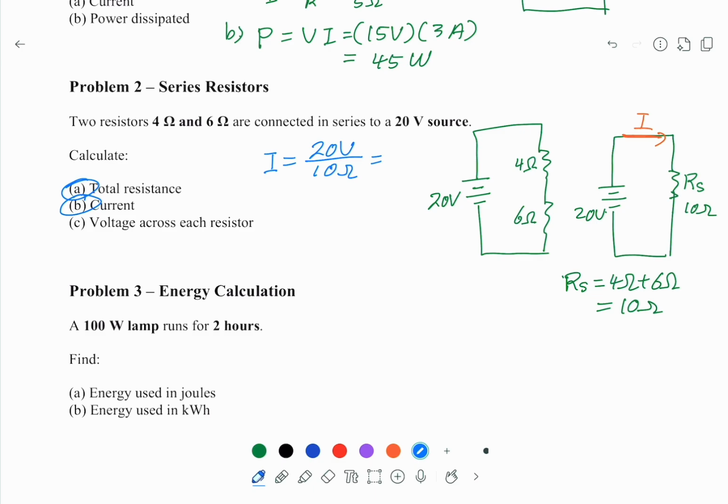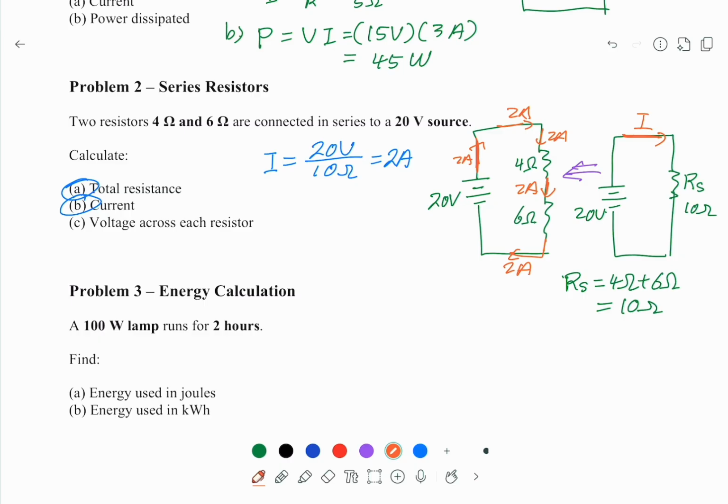So the current is 2 ampere. Now if we look back at the original circuit, it means the current starts from here, also 2 amp, 2 amp, 2 amp, here also 2 amp. The current in a series circuit remains unchanged.